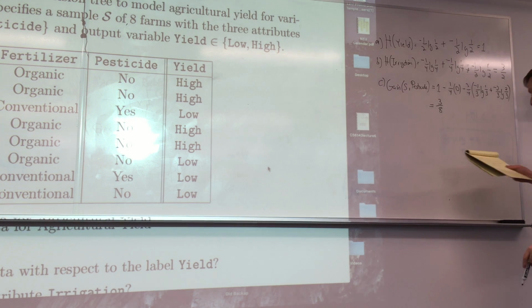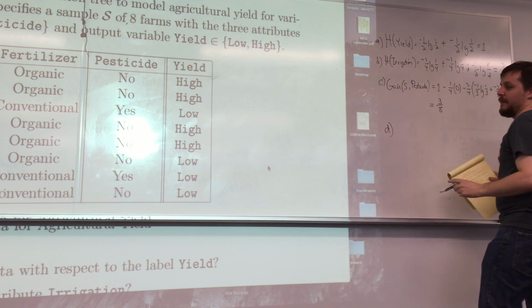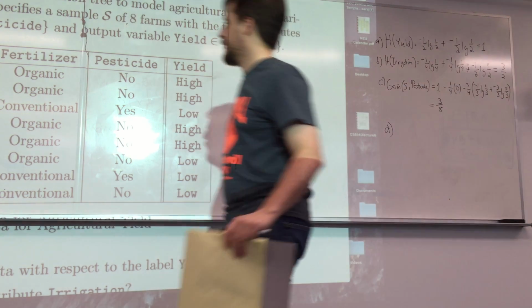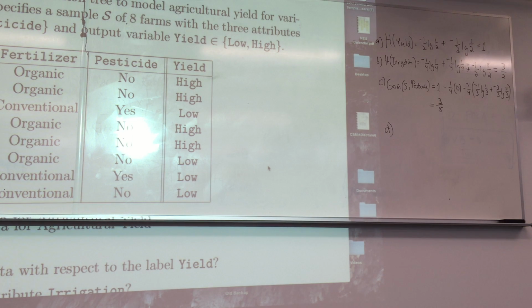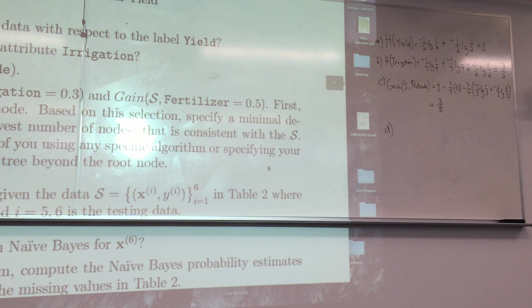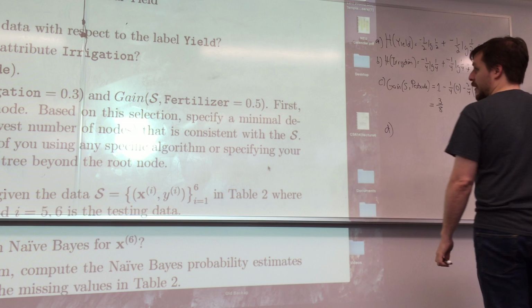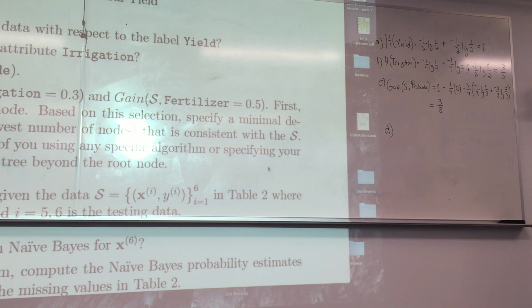Okay, D. So the tree I came up with for D. Suppose gain irrigation is 0.3 and gain fertilizer is 0.5. So we'll select an appropriate root node.